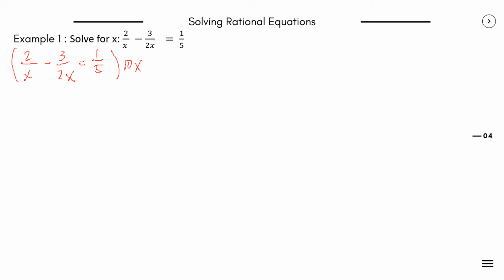By the way, my tip to make it easy for you to find the LCD: kunin nyo yung mataas na term dito sa tatlo. So, we have here x, 2x, and 5. What I do here, pinagmumultiply ko sila. So 1 times 2 times 5, that's going to be 10.